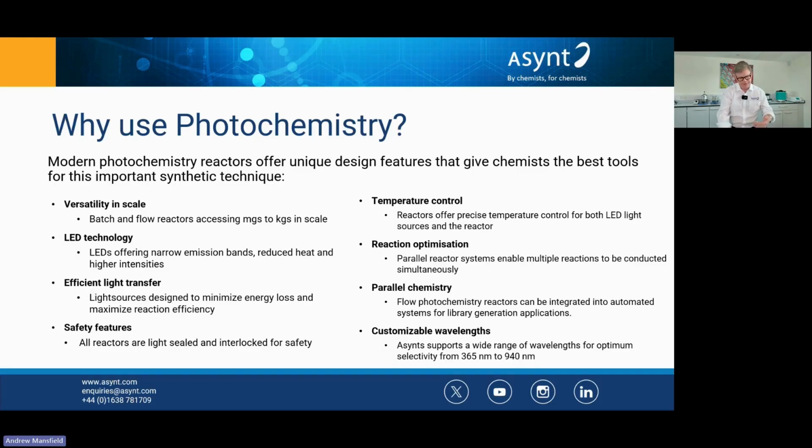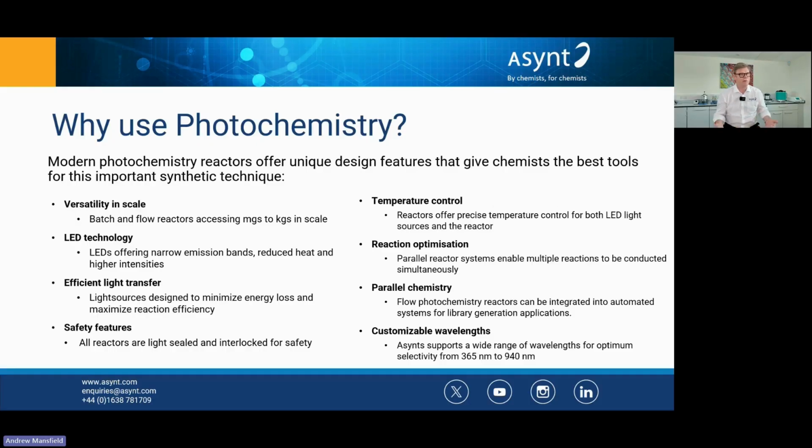And when we're using high intensity, lower wavelength light sources, this is really key to protect us, because that ionizing energy can be quite harmful. We can have precise temperature control, so we can separate the heat produced from our light source to our reactor, and that's really key for selectivity.